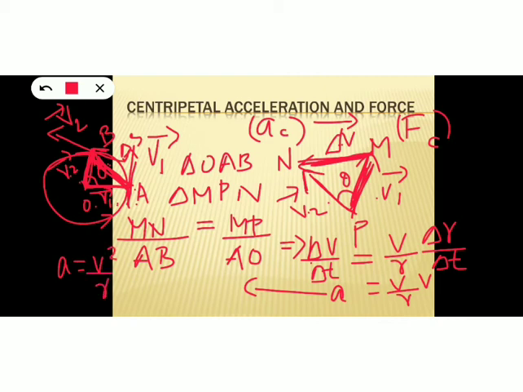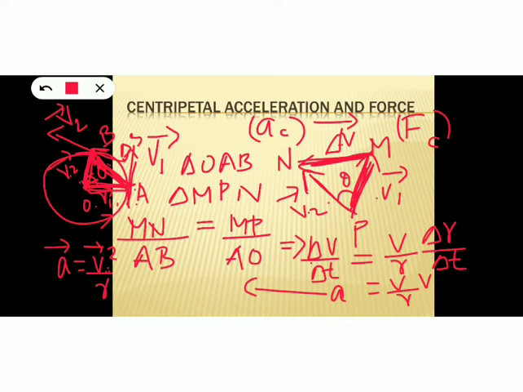So this acceleration is the acceleration experienced by the object when it is moving along a circular path. And what will be the direction of this acceleration? Direction of this acceleration will be towards the center, that means towards O. Direction of this acceleration is towards the center of the circle.